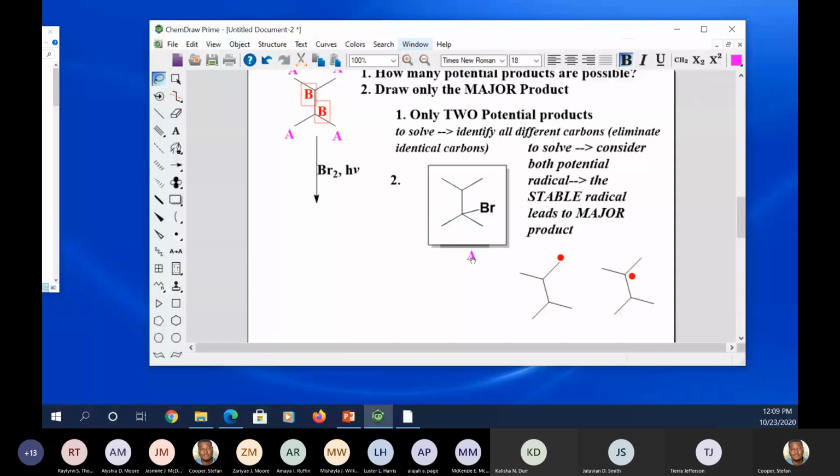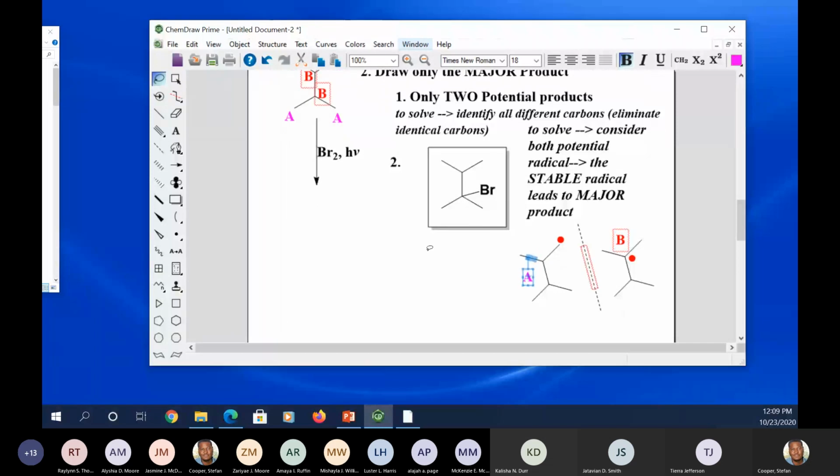So this is A, and the other one here is B. If I had to classify the differences between these, what would you say? A is what type of radical? Yep, primary.